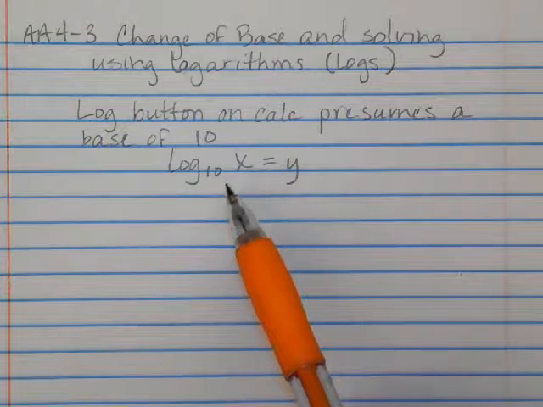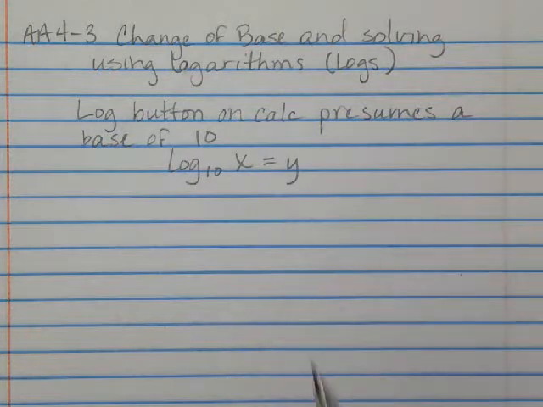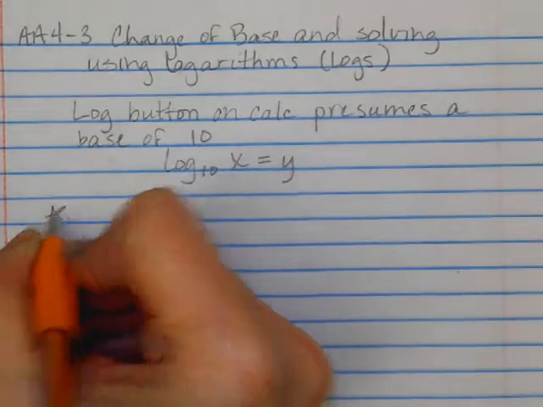So, based on that, we have to be able to change this. Part of it has to do with one of the properties of logs that you guys don't know yet, so don't panic about it. But this is the change of base rule.